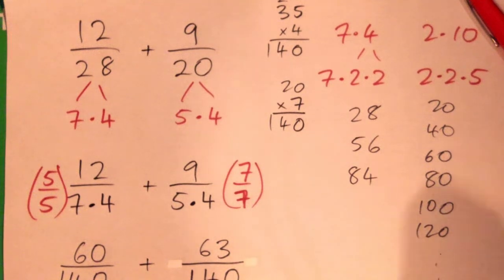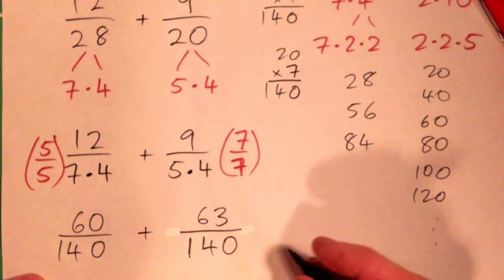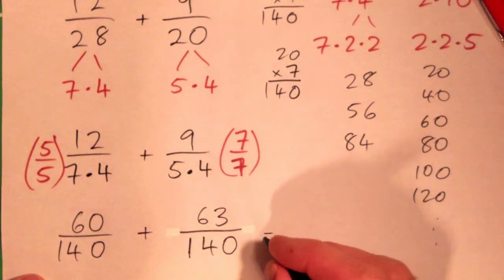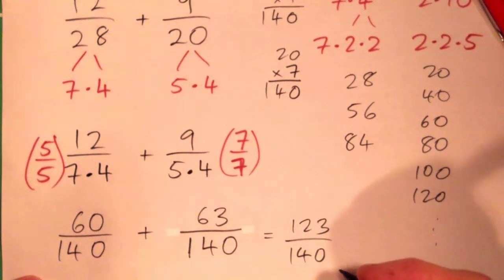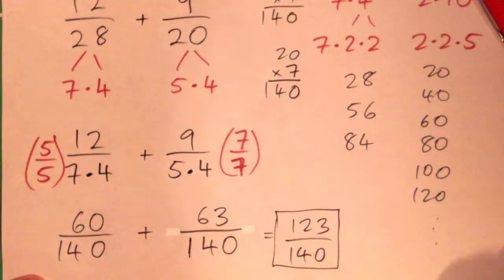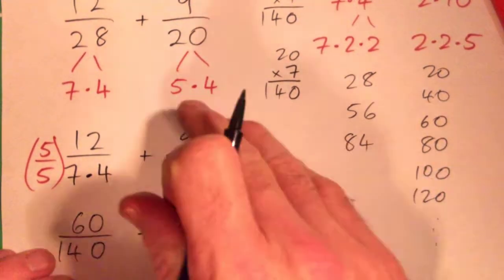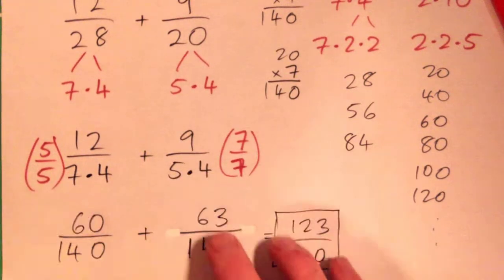What do we get? Yep. So we should get 123 over 140. And that is correct. Now, that is by splitting them into factors and just making the bottoms the same, right?